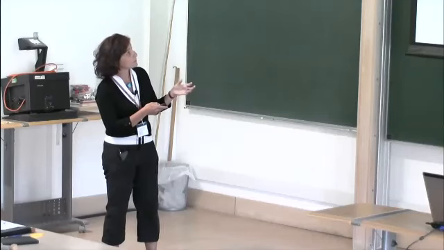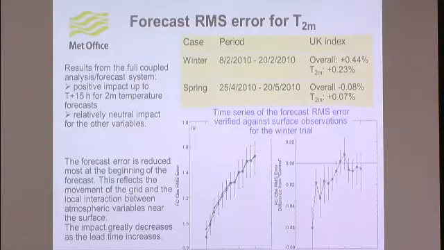Oh, sorry, I'll skip. So what we have done is trial different periods, for extended periods, and see the overall performance of the system when we introduce adaptivity. And what we noticed is basically that the forecast of 2 meter temperature has improved.